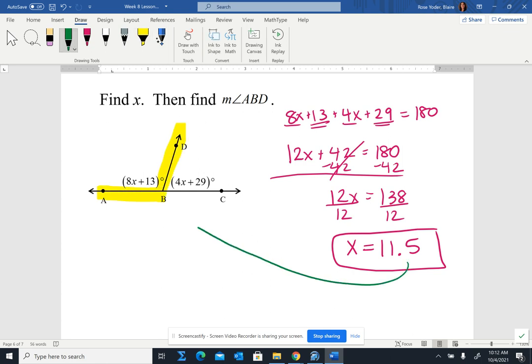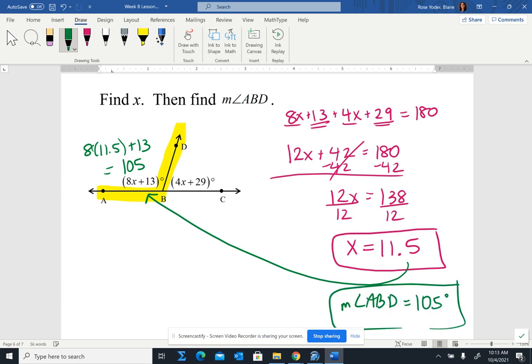So I'm going to substitute it back in there. 8 times 11.5 plus 13 on my calculator is 105 degrees. So the measure of angle ABD is 105.